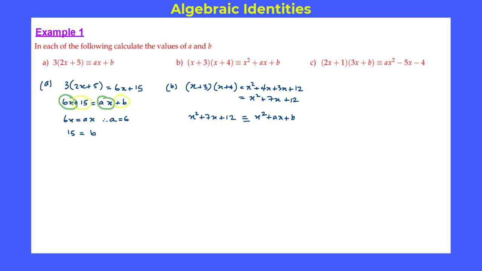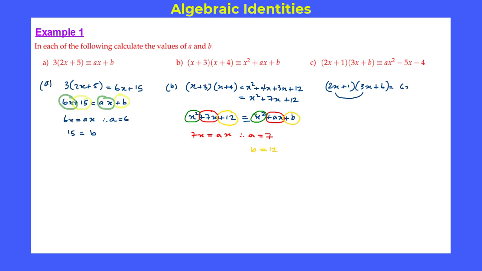We've got the same number of x squareds on both sides because we've got one of them. And we should have the same number of x's on both sides. So we've got 7x on the left-hand side and ax on the right-hand side. That tells me that a must equal 7. And similarly, the constant term, I've got 12 on the left-hand side, and on the right-hand side, I've got b. So b must equal 12.